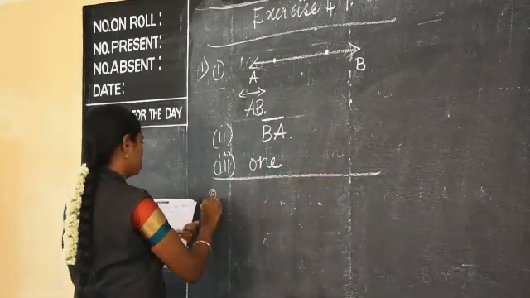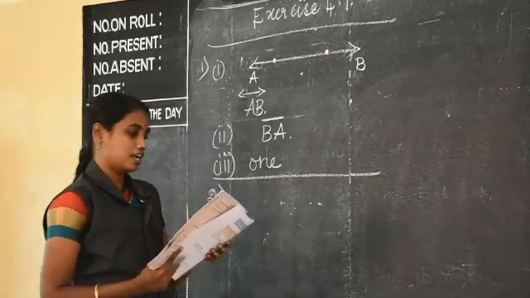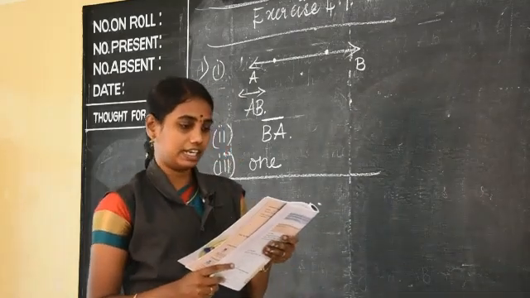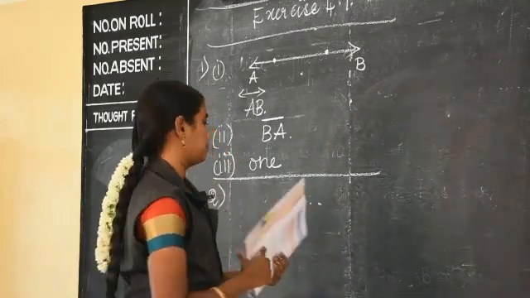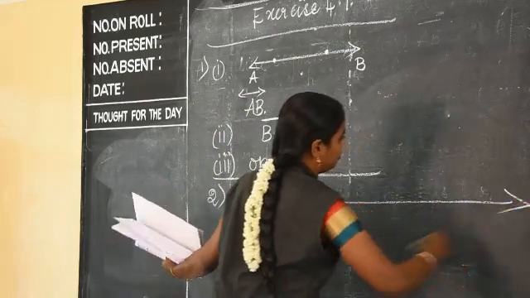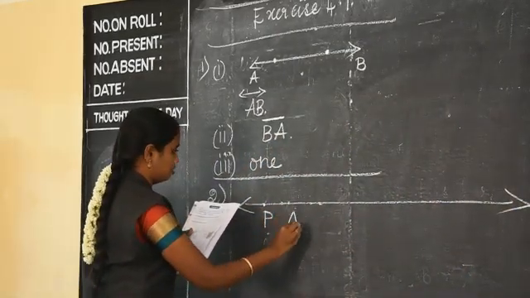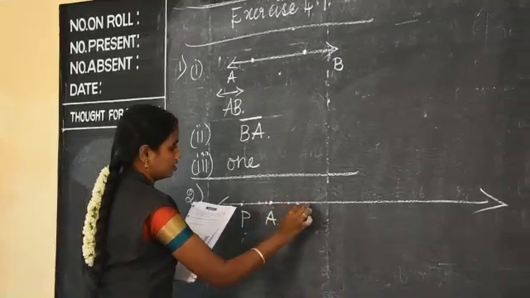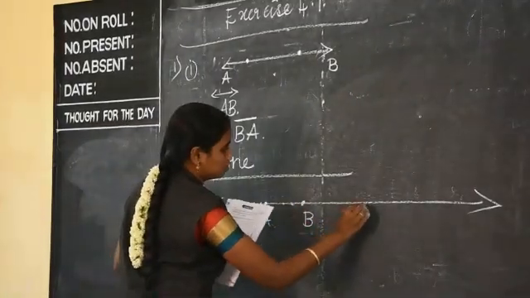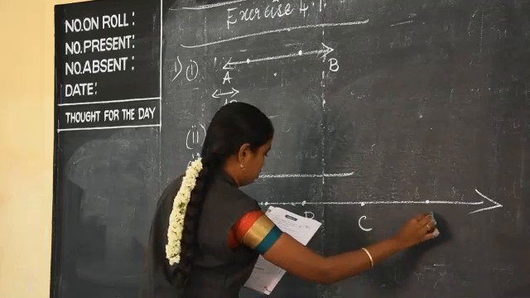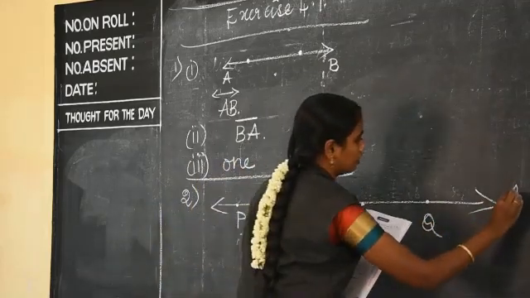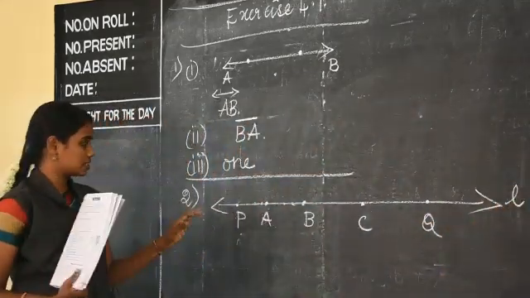Next, question number 2: how many line segments are there in the given line? Name them. Line segment means we have two endpoints, yes or no? So listen to this: B, C, Q, L. Observe this one.